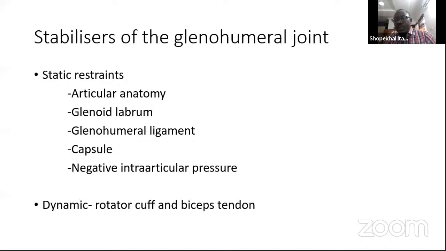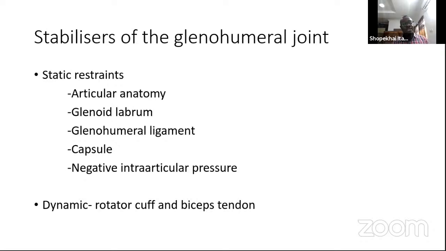I had said before that the glenohumeral joint is a very, very mobile joint, and so it requires restraints to confer onto it some degree of stability. We have static restraints of the articular joint as well as dynamic restraints.